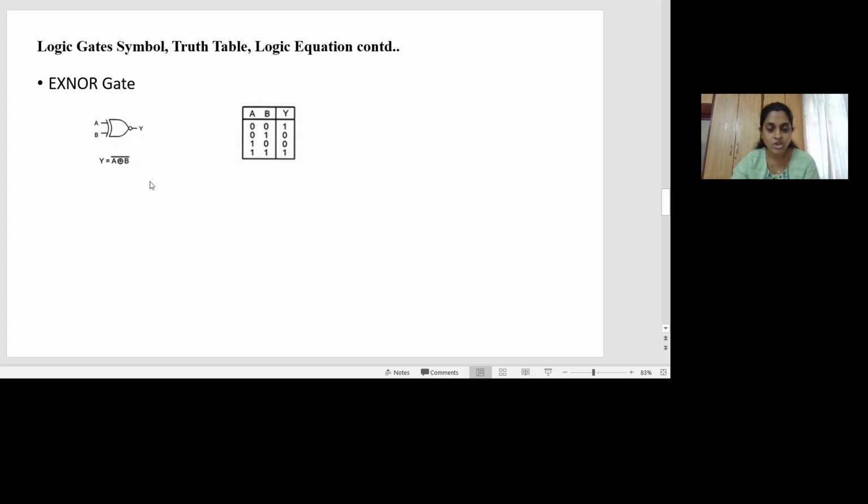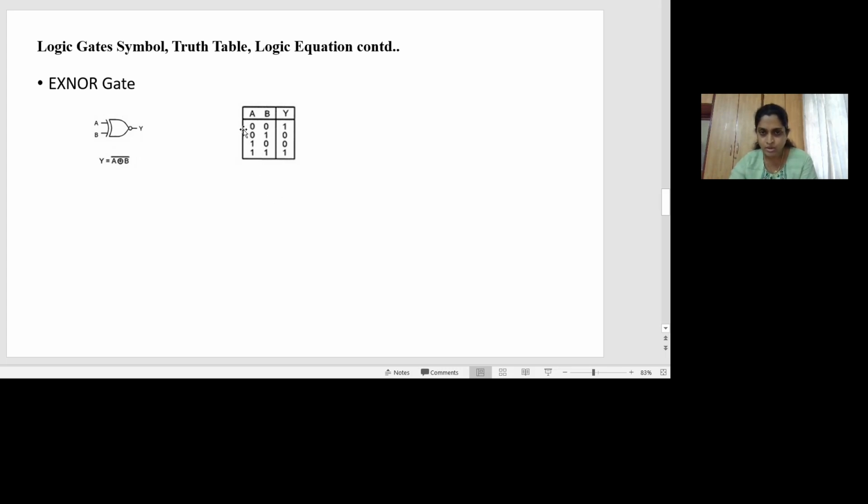So this XNOR gate is a combination of XOR and NOT gate. That is, the output of XOR is complemented using NOT gate, and this entire combination of XOR and NOT is called the XNOR gate.